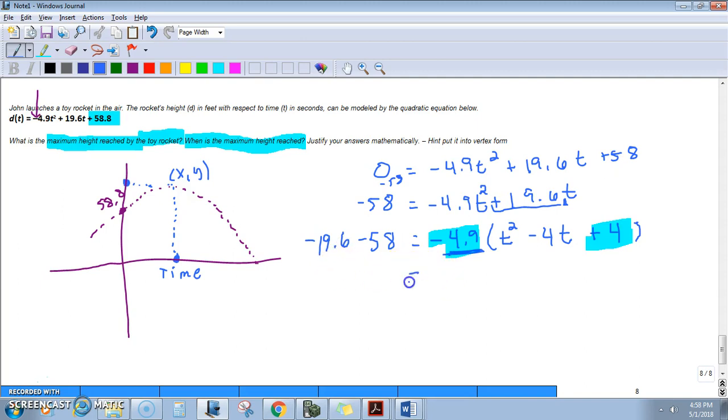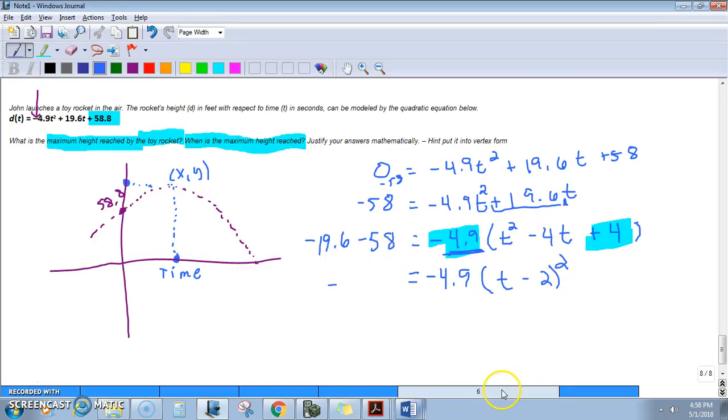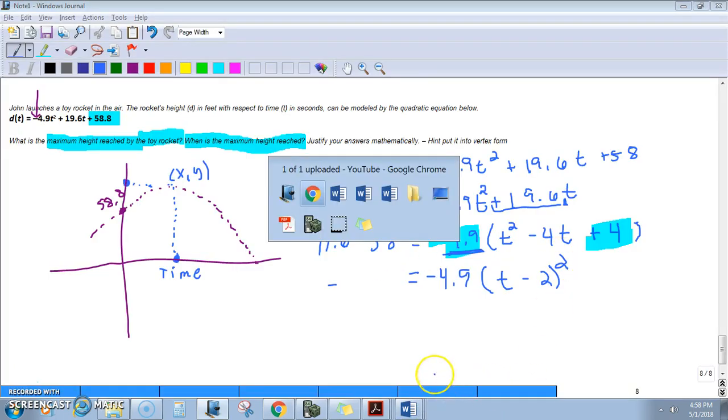So what do we have now? I have negative 4.9, and when I factor this, I get t minus 2 squared is equal to negative 19.6 minus 58, so that's just going to be negative, and then whatever those are added up.